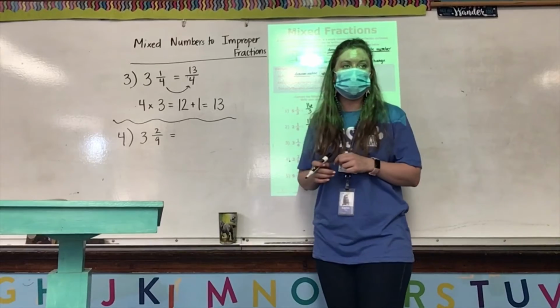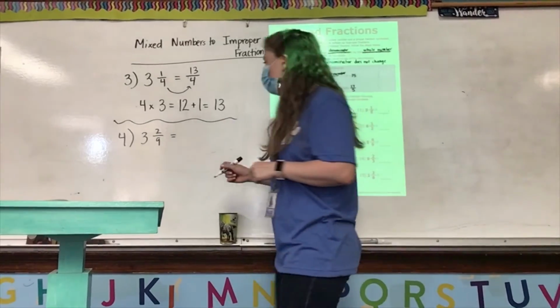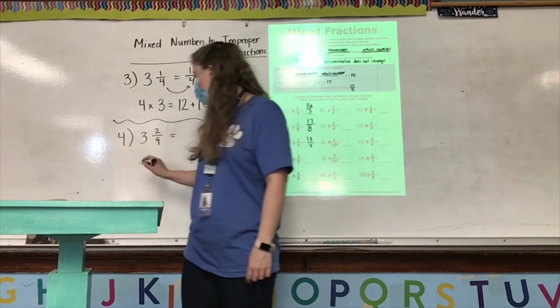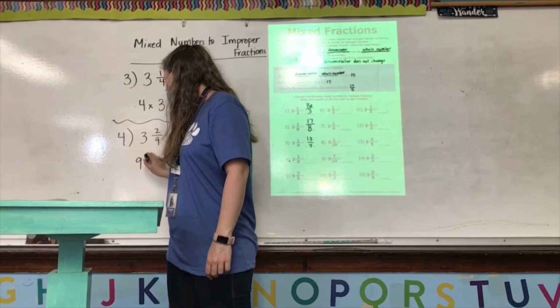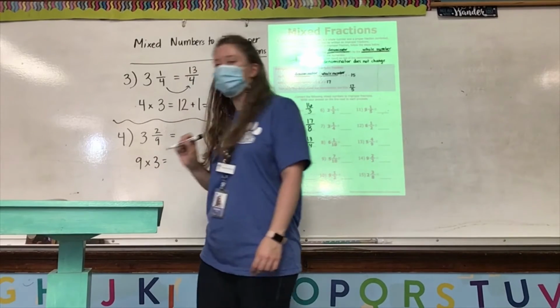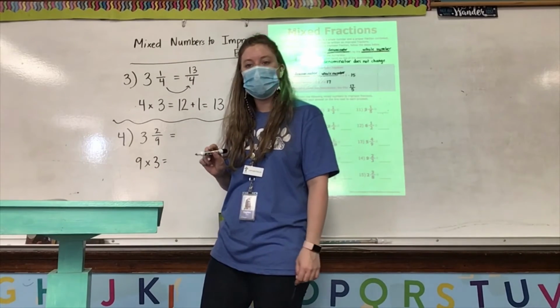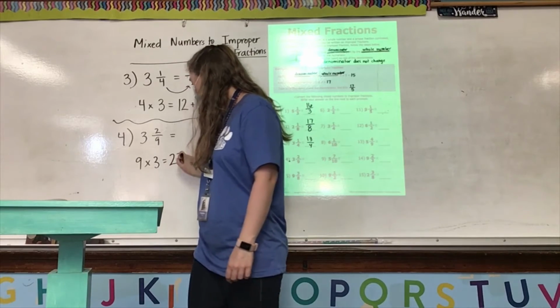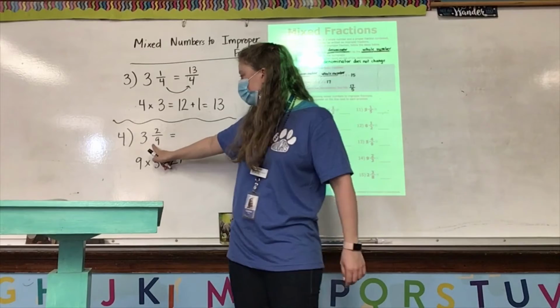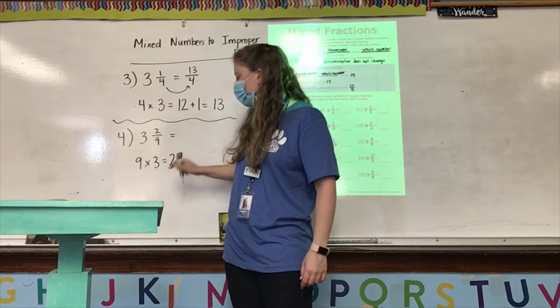Okay, Lena, what do we do? Multiply the denominator by the whole number. We multiply the denominator, which is 9, by the whole number, which is 3. 9 times 3 is 27. Zari, what do we do next? We multiplied the denominator 9 by the whole number 3 to get 27.